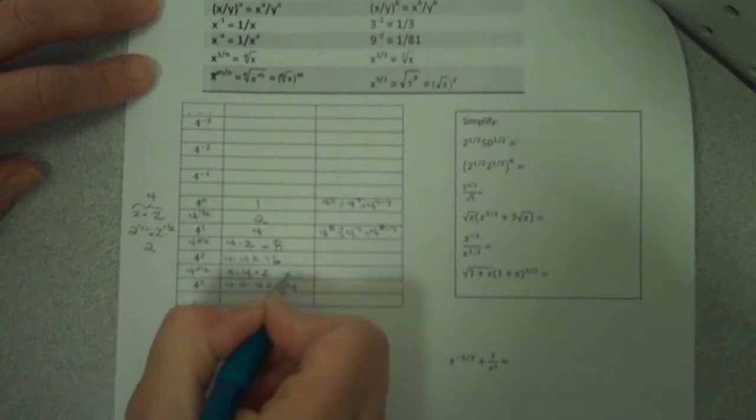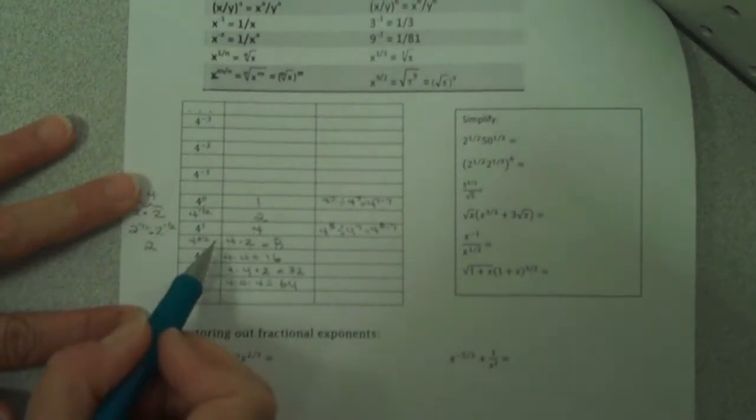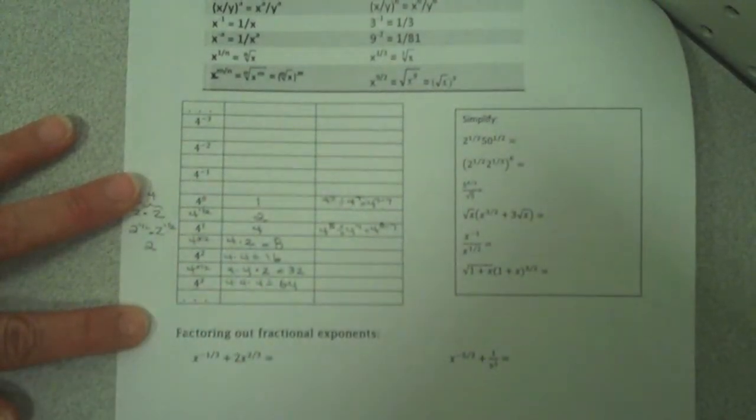We have the square root. And that gives us 32. So as we move forward with positive exponents, we're multiplying extra on. But if it's a fractional exponent, we're not multiplying 4s on all the time. We get that extra half of a factor, which is what the square root is.